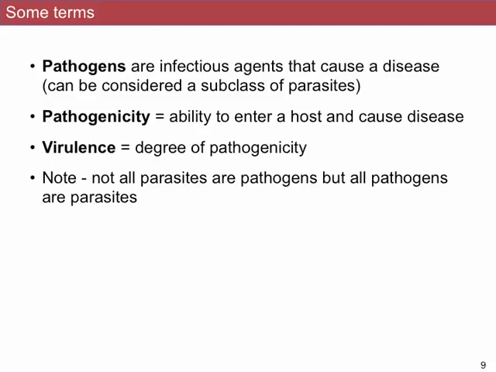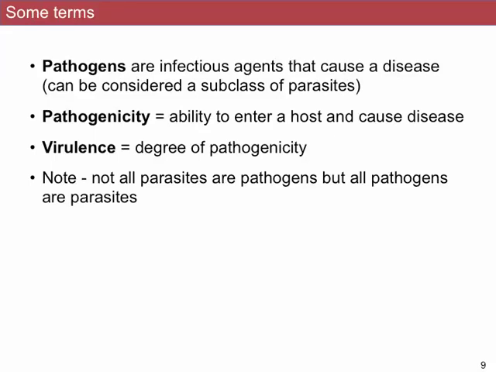The two most important ones that you will see a lot, both in the book and in discussions and elsewhere in the literature, are these two. Pathogenicity is a very simple terminology, which is basically whether or not an organism is able to enter a host and cause an infectious disease.